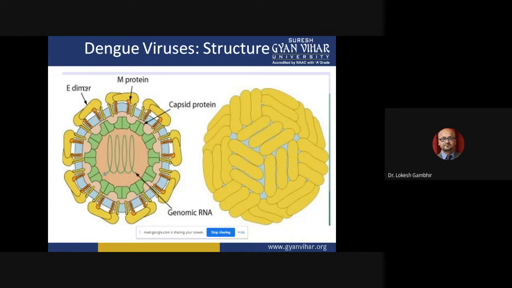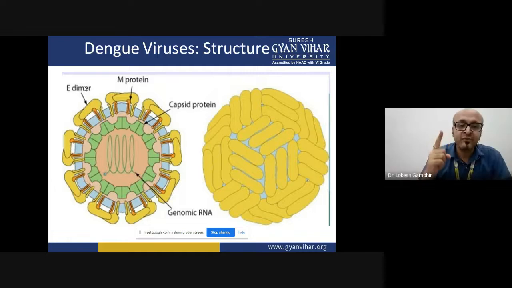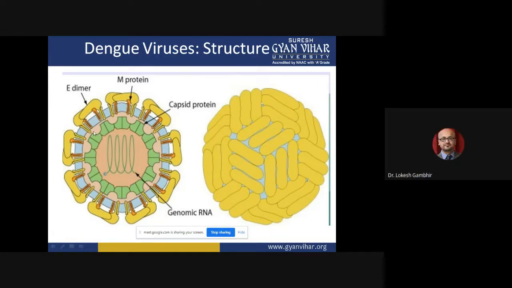Among the structural group, we have three different proteins called E, M and C. The E protein forms the surface, which is present as a dimer. These are attached by a transmembrane protein, and by transmembrane I mean it is spanning the lipid membrane which forms the envelope, and that particular protein is called the M protein.